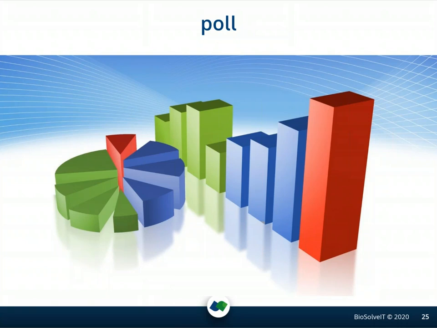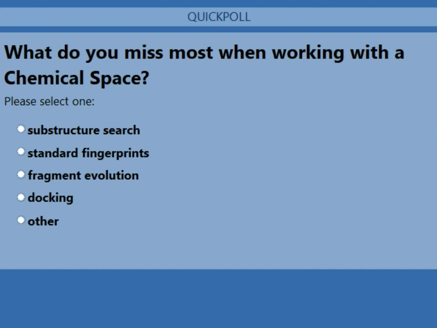After having presented the approach that we have used very successfully so far, I would like to ask you with this poll, what do you miss most when you see us working with chemical space, or see yourself working with chemical spaces?